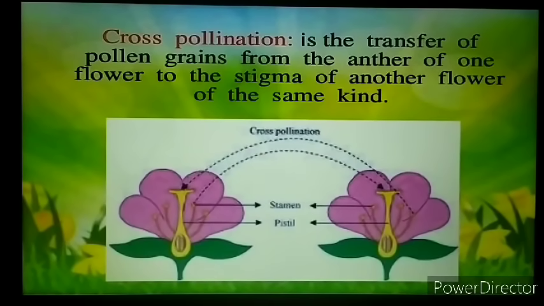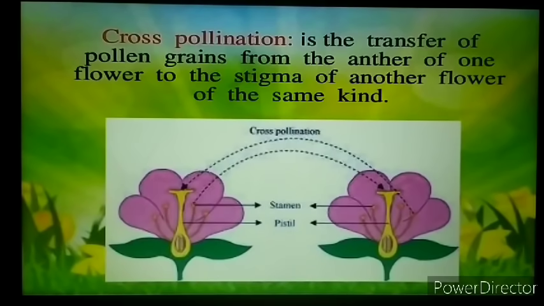Now, the question arises, how exactly does pollination happen? How do the flowers take the pollen grains and transfer it to the stigma? Do they have any moving parts? No, they don't have any moving parts. So how is it carried?